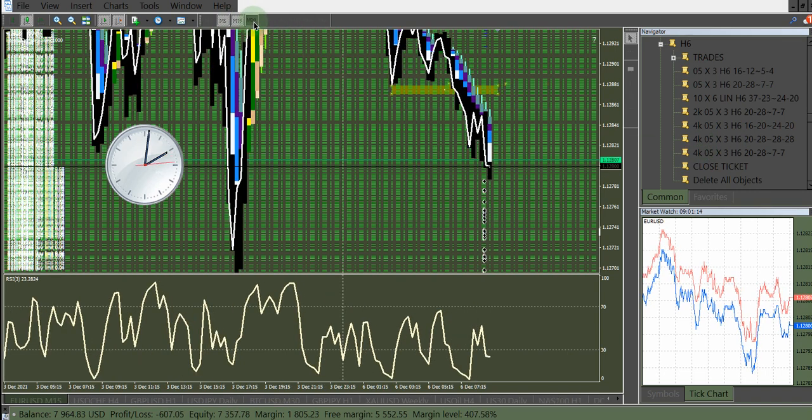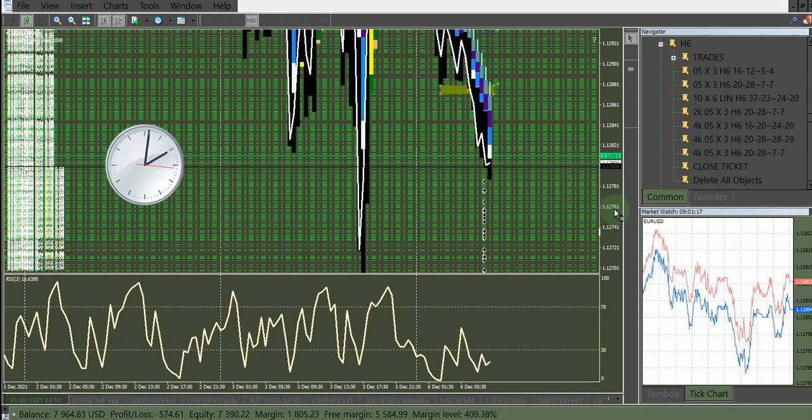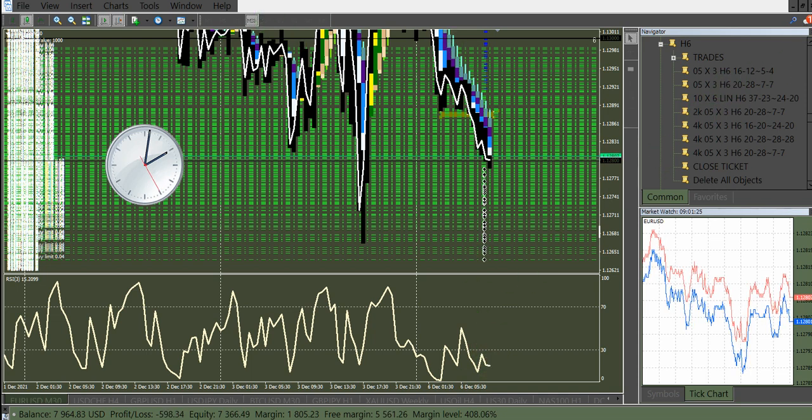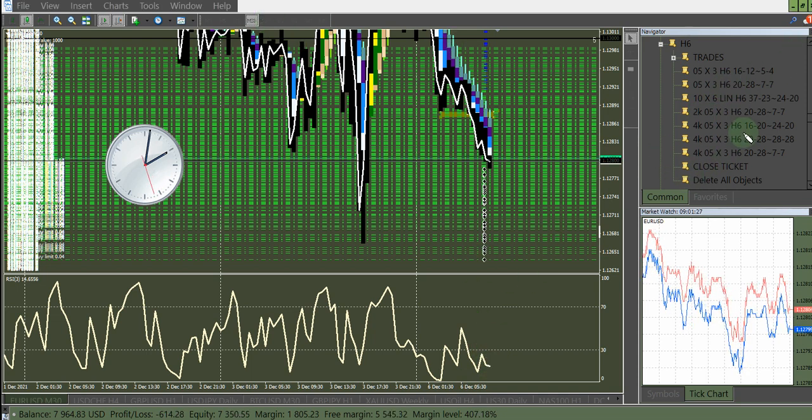Half hour says 15 has divergence on it right now. Kind of a triple divergence. Take these three lows here.